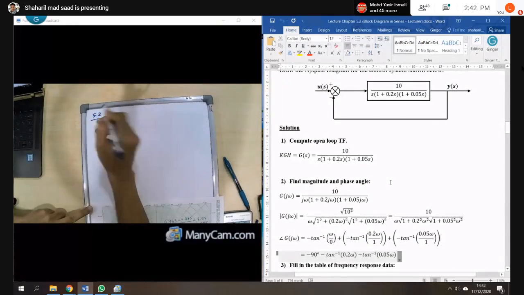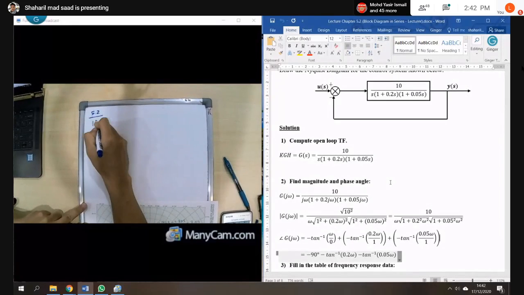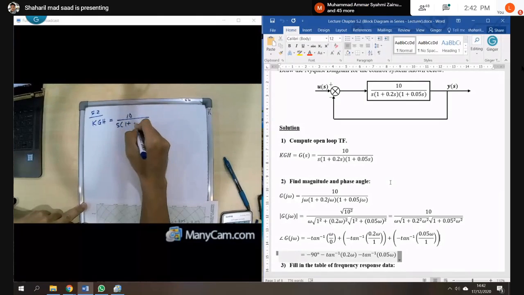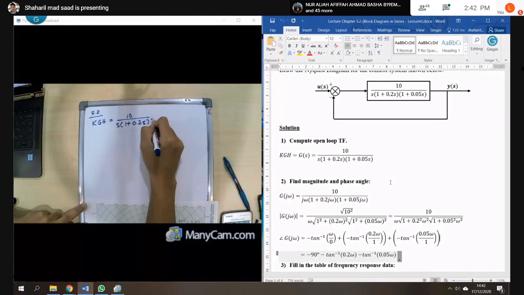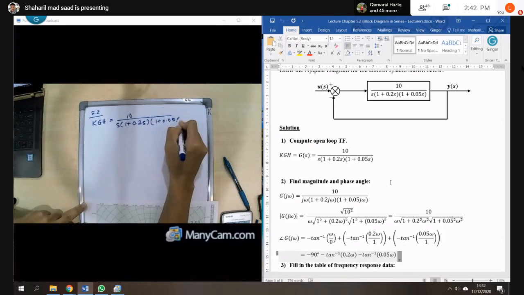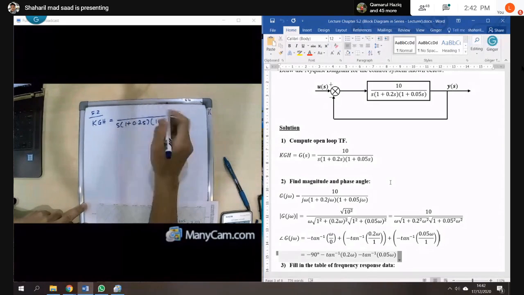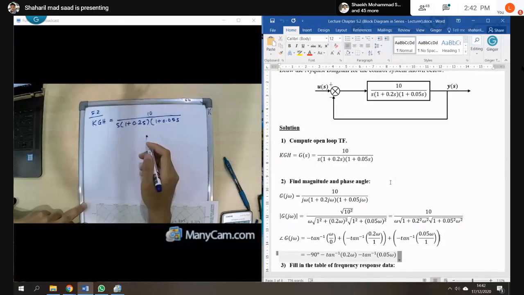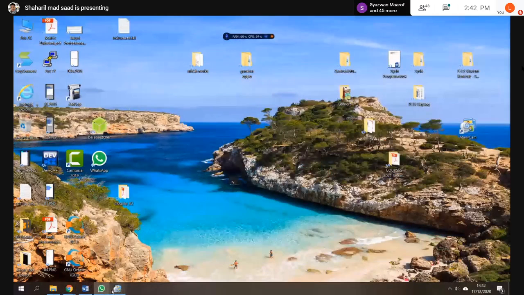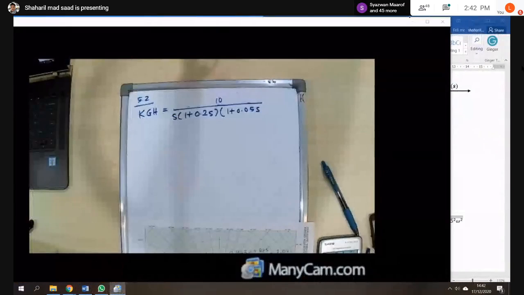Example 5.2, our KGH is equal to 10 divided by s times (1 plus 0.2s), then times (1 plus 0.05s). For the rest, if you want to share how you plotted it, maybe you can share in the WhatsApp group so your friends can see that.